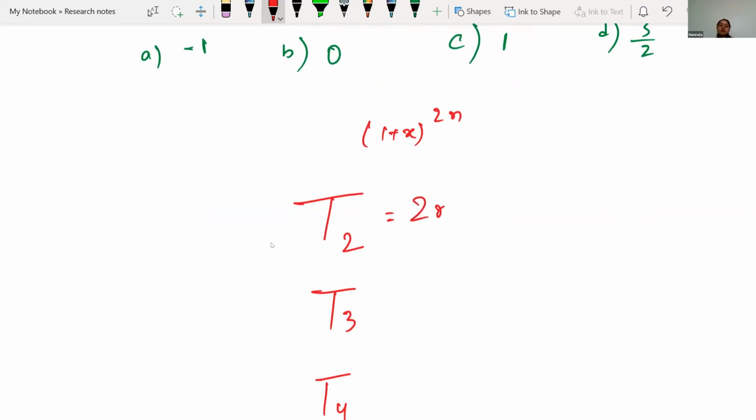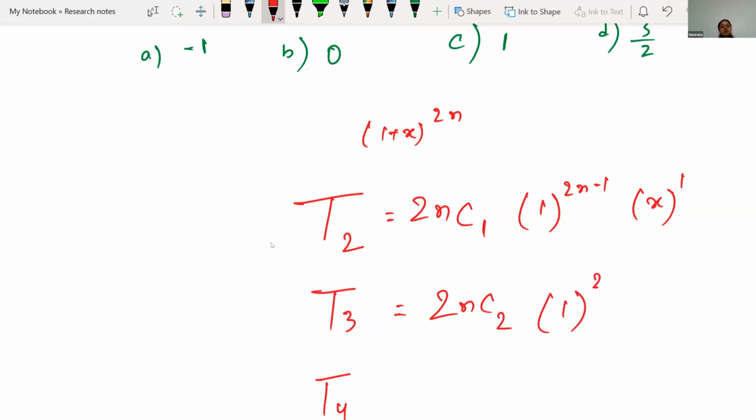Second term will be 2nC1, 1 to the power 2n minus 1 and x to the power 1, right? Yes, ma'am. Next one will be 2nC2, 1 to the power 2n minus 2, x squared, then 2nC3, 1 to the power 2n minus 3, x cubed.